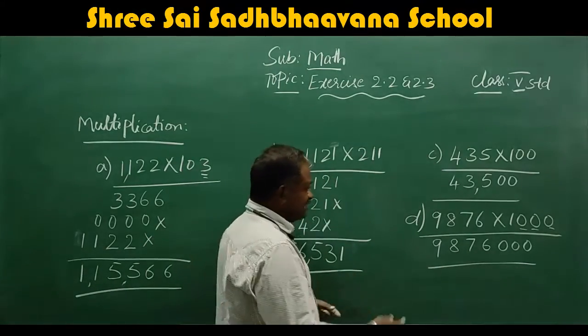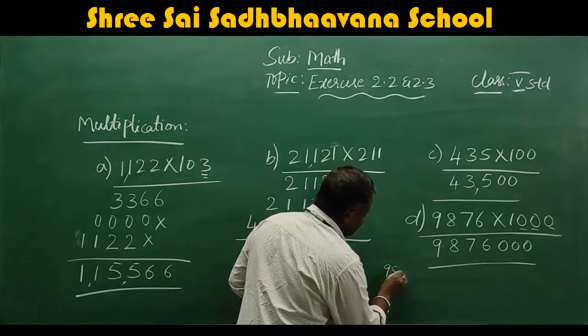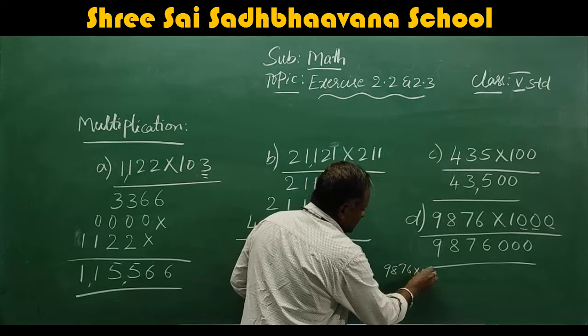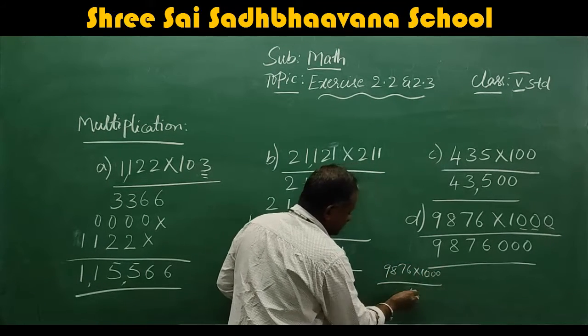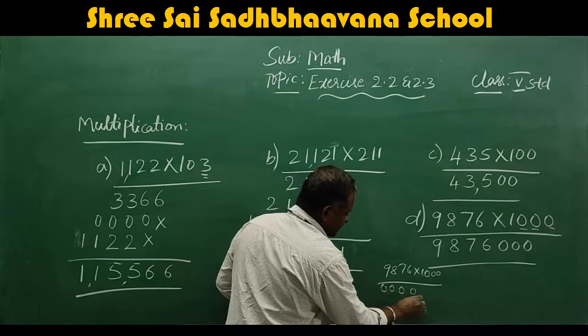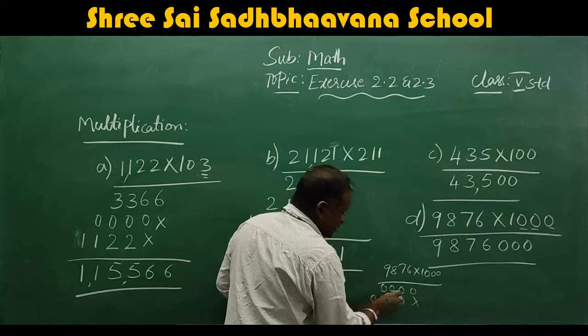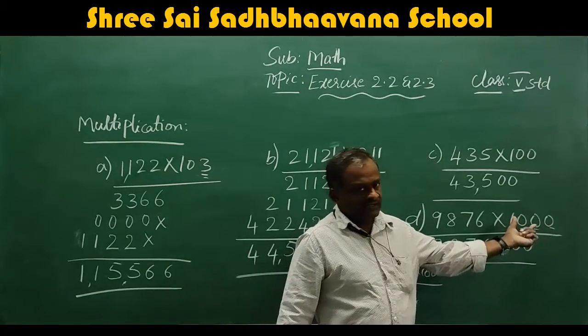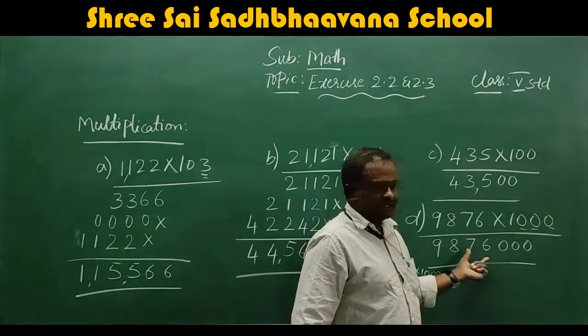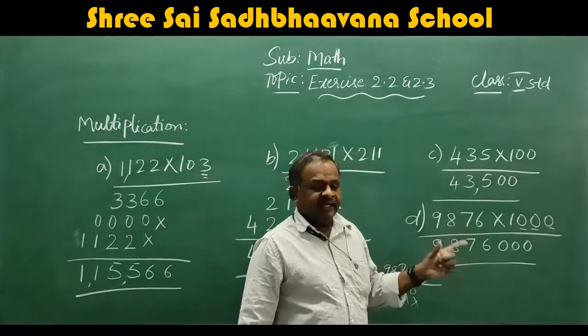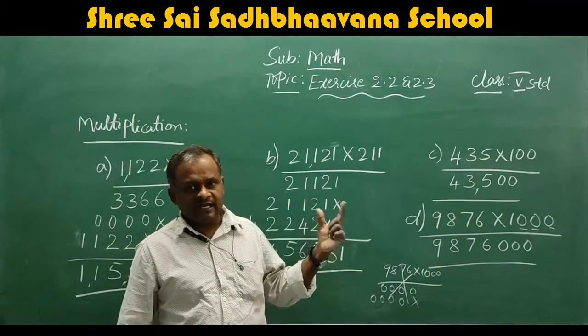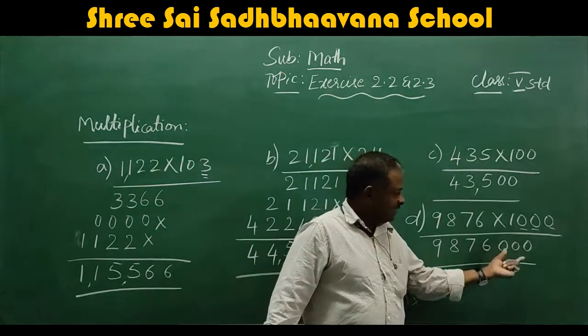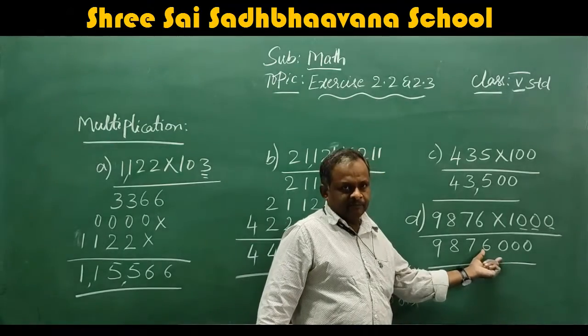Otherwise, 9876 into 1000 would mean you have to multiply by zeros 3 times. Don't do like this. If the zeros are given first, don't do like this. Whether by 10, by 100, by 1000, by 10,000, or by lakh, if you want to multiply, follow this method.